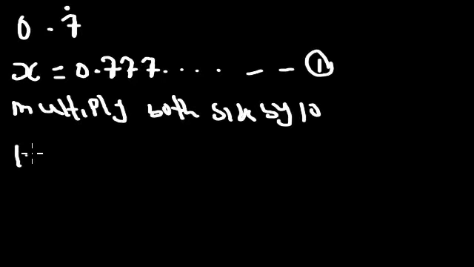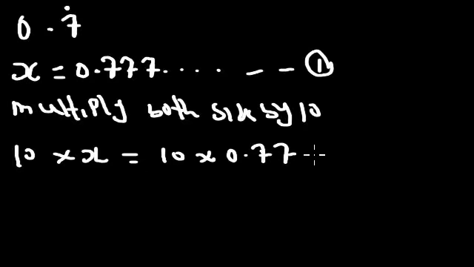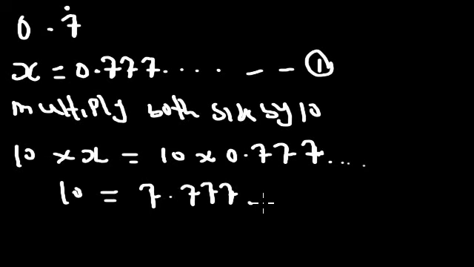Then we have 10 times x equal to 10 times 0.777. So 10 times x is 10x, and 10 times 0.777 continuing, we'll just shift the decimal point 1 unit to the right. Thus, we have 7.777 continuously. Am I communicating?